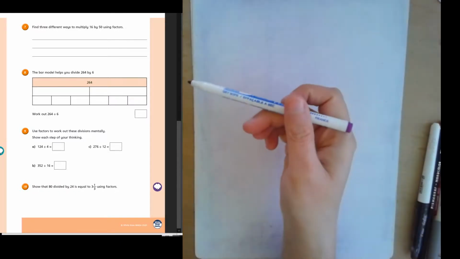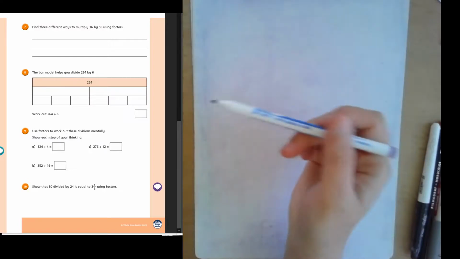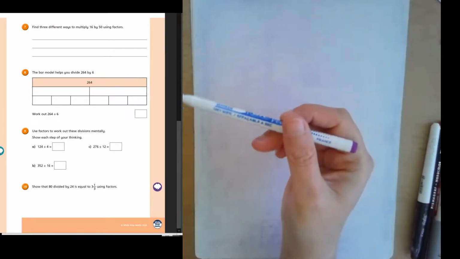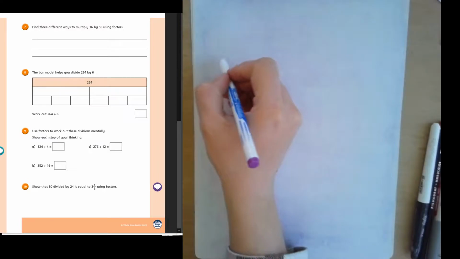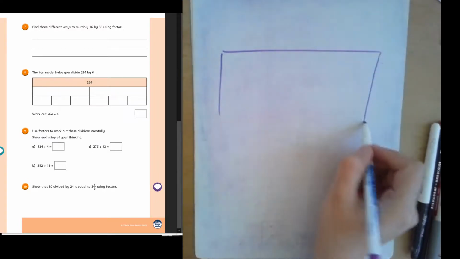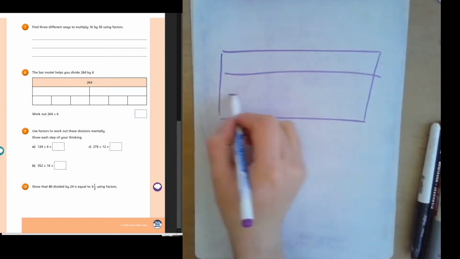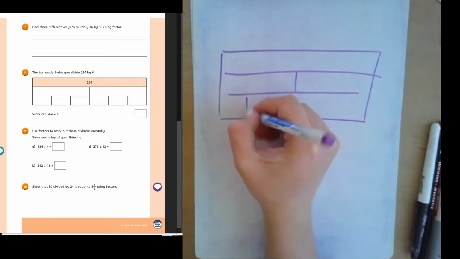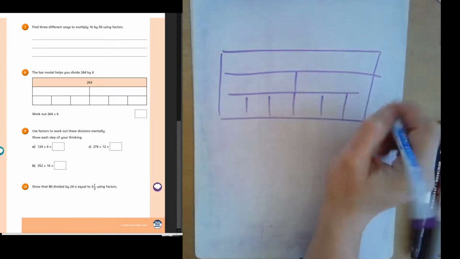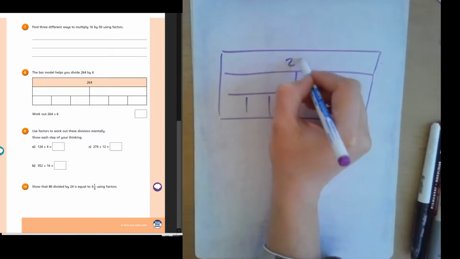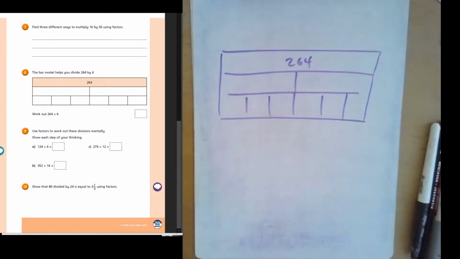Okay, so we have 8. Okay, so it says the bar model helps you divide 264 by 6. Okay, so first of all, what are they doing? They're putting it into 2 pieces. That's divided by 2. And then each of those pieces is going to be divided into 3. So this is my 264.